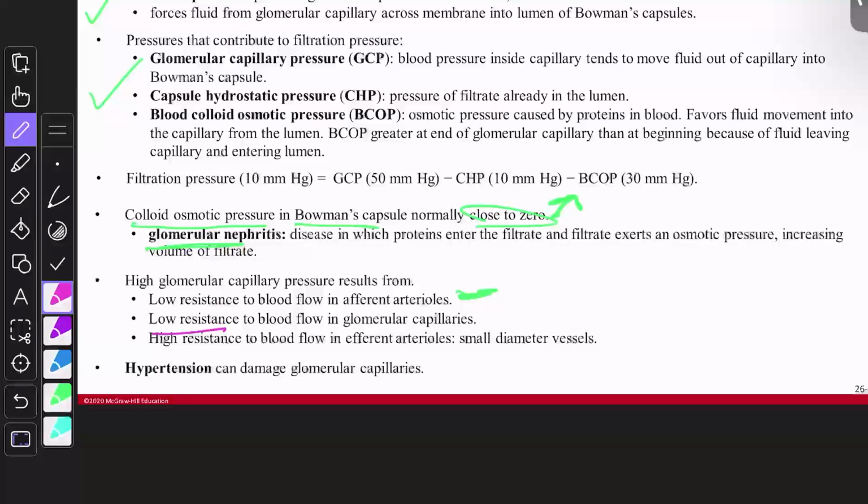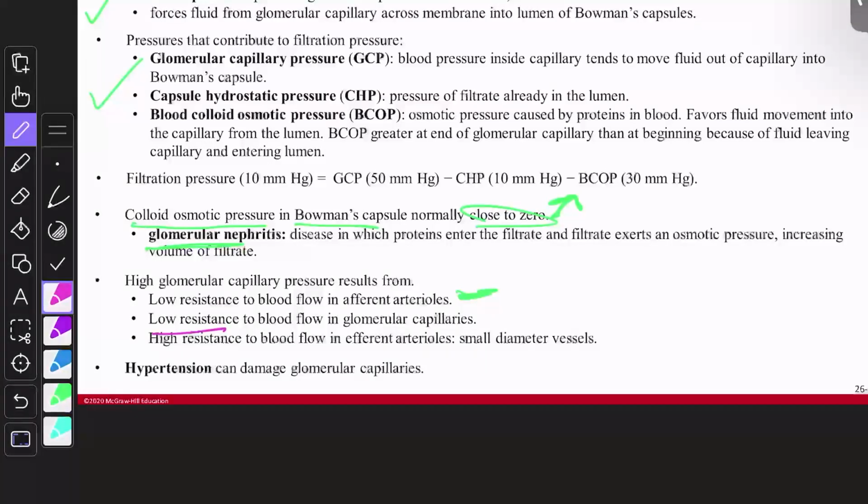If we can't control that pressure enough, if the systemic blood pressure is constantly too high, then we don't have the ability to regulate the pressure in the glomerulus enough to protect those capillaries. So people with high blood pressure run the risk of kidney damage more so than people with normal blood pressure. Does that make sense?